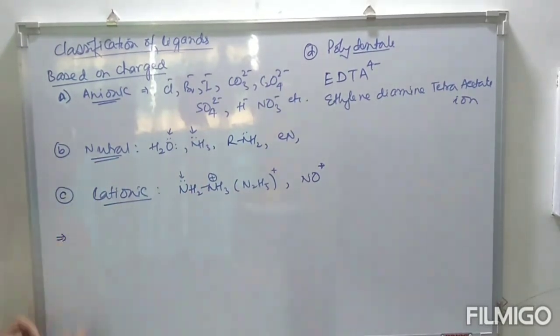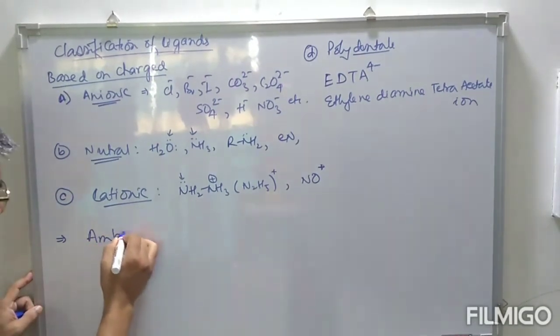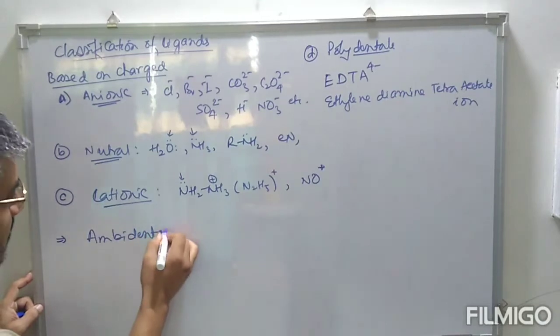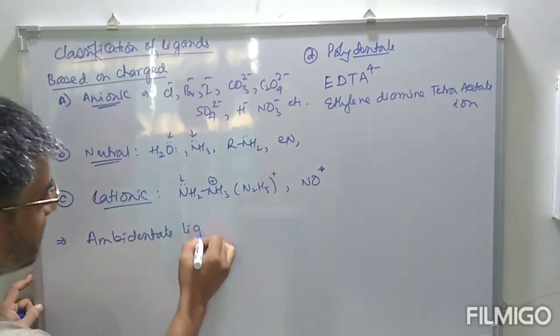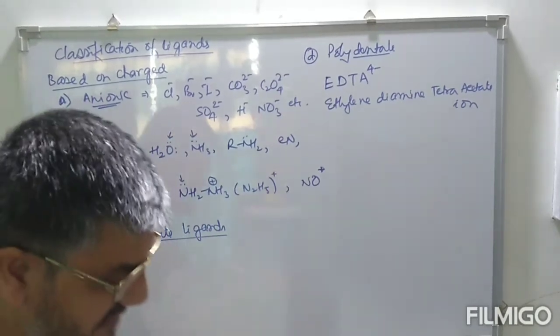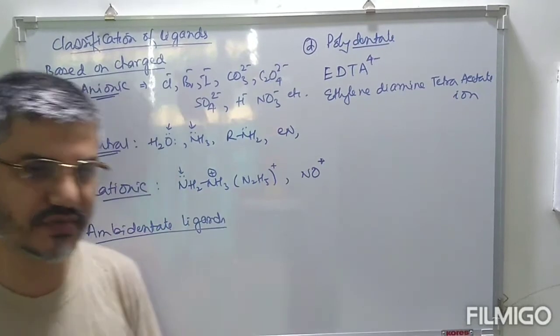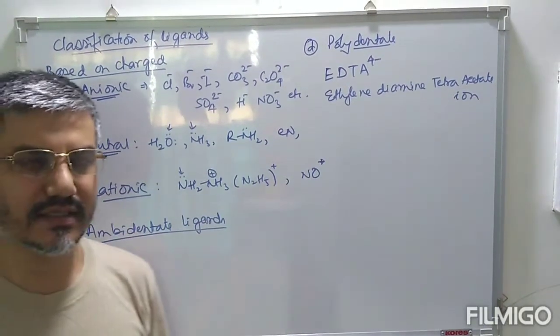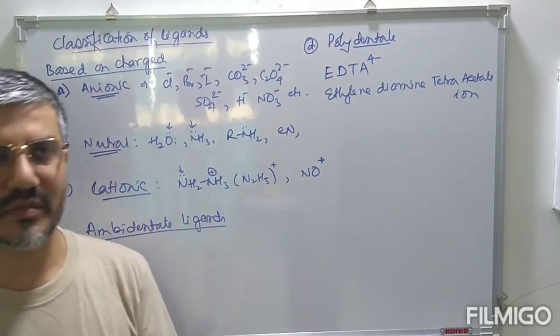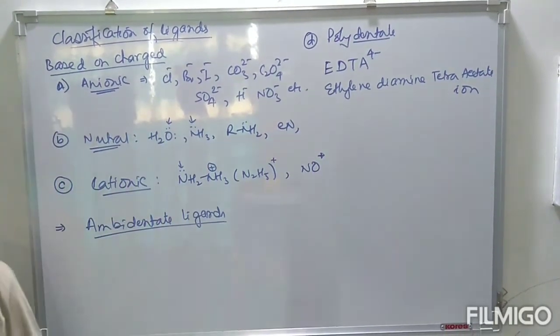Then the next classification is ambidentate ligand. Now these ambidentate ligands contain two atoms which can act as a ligating site, but while forming the bond, only one atom is used at a time.